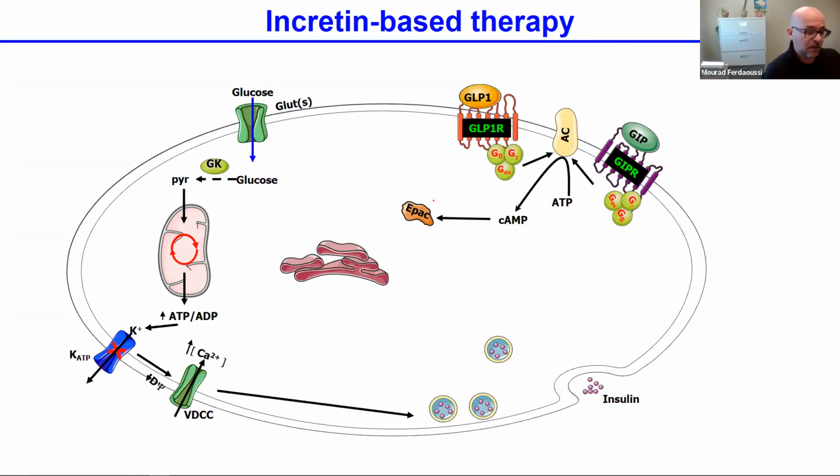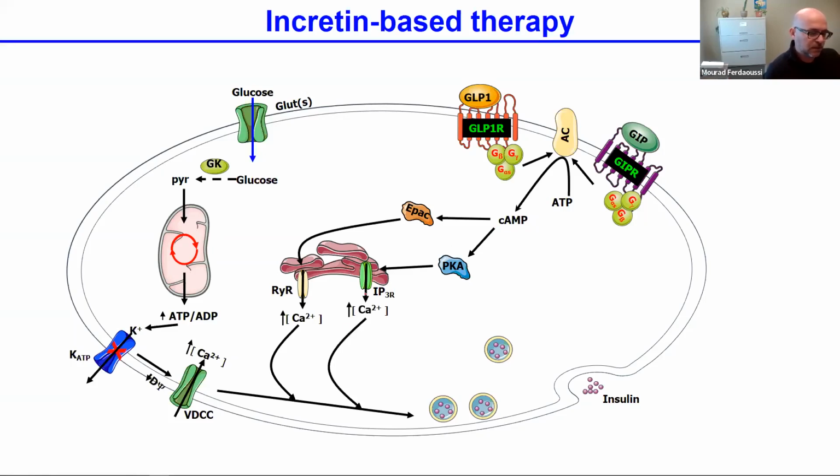The first one is EPAC, for exchange protein activated by cyclic AMP, and EPAC will activate receptors within the endoplasmic reticulum to increase the release of calcium from the reticulum stores. The PKA, or protein kinase A, which is also activated by cyclic AMP, will act through another receptor called the IP3 receptor that increases the intracellular calcium level.